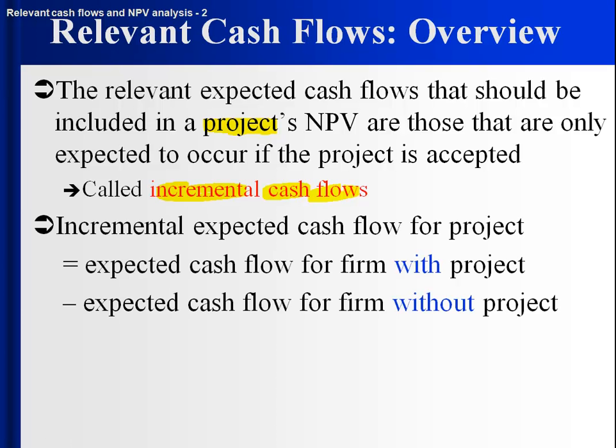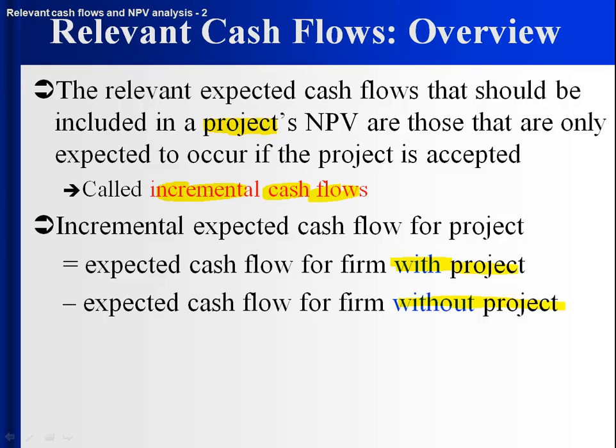And the way we get that is by thinking what would be the expected cash flow for the entire firm if they did the project minus what would be the expected cash flow to the firm if they didn't do the project. So that's the incremental expected cash flow, with minus without. So you can think about what the contribution is of doing the project by looking at the whole firm with minus the whole firm without.